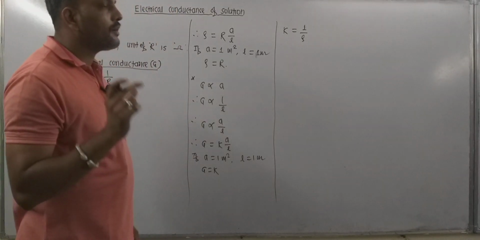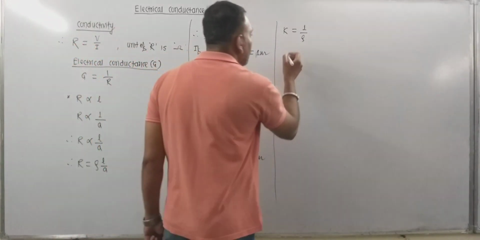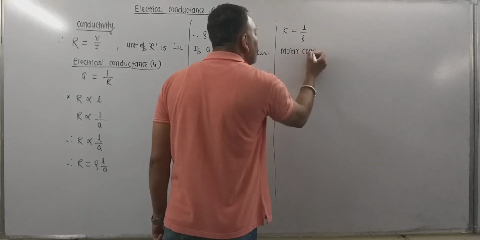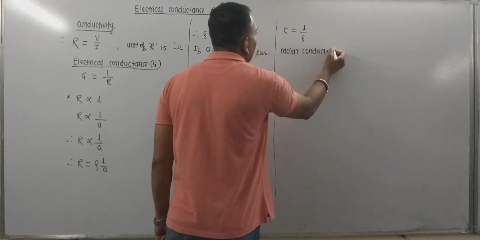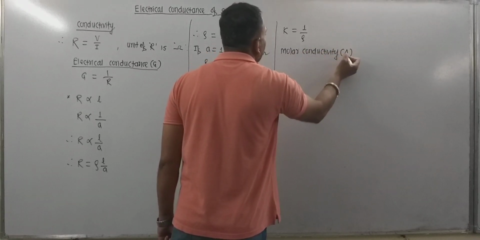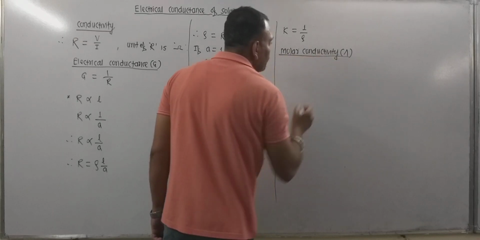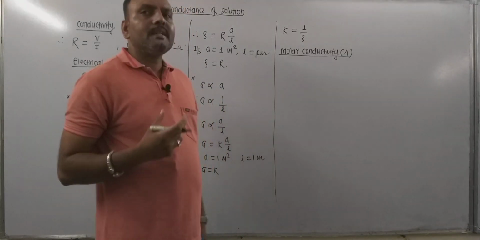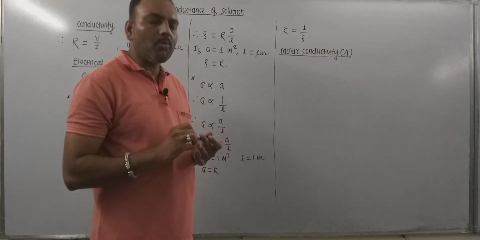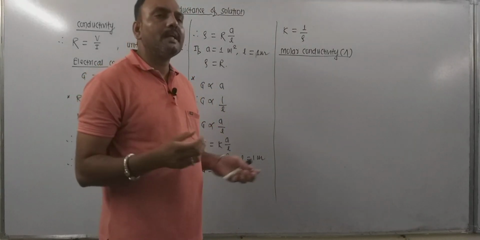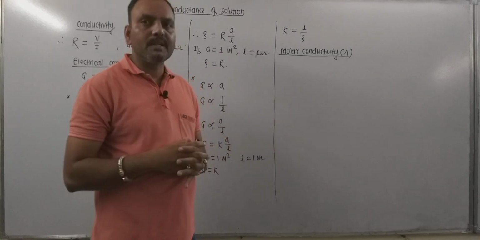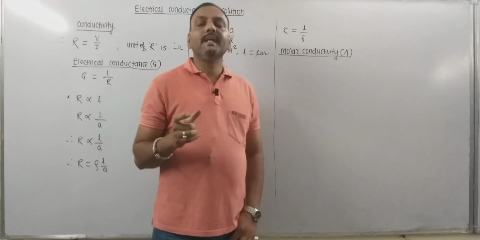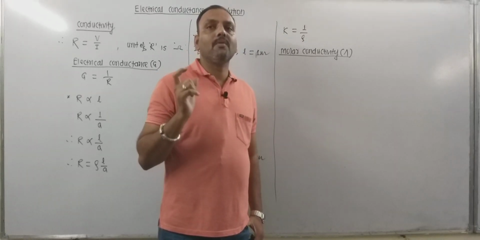Now a very crucial thing is the molar conductivity, which is represented by lambda. Now remember, if we consider two different electrolytes dissolved in water producing different solutions, the conductivity recorded differs for sure.